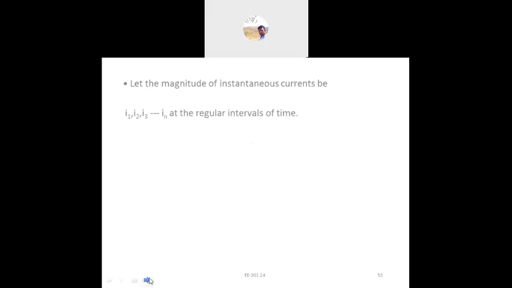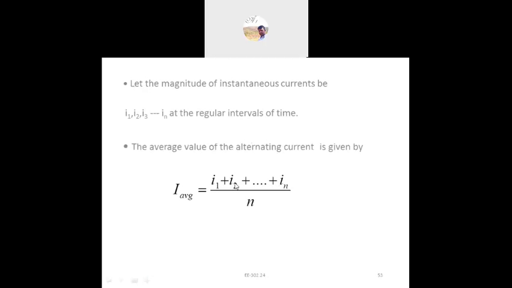Let the magnitudes of the instantaneous current at the regular intervals be I1, I2, I3, and so on. Then the average value of the alternating current is given by I average equal to (I1 plus I2 plus I3 plus ... plus In) by n. Similarly, the average value is calculated mathematically.